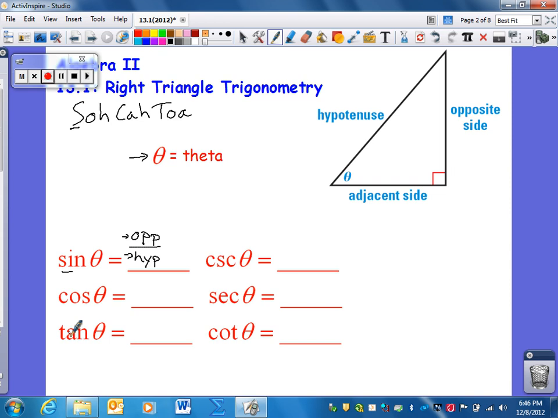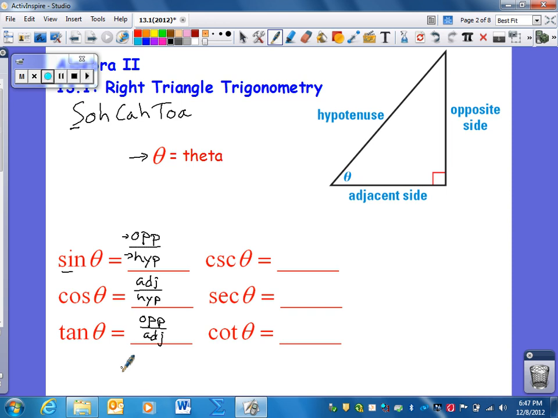Cosine is adjacent over hypotenuse. So that's where the A and the H come from. And anybody care to guess what tangent would be? Opposite over adjacent. Very good, whoever said that.